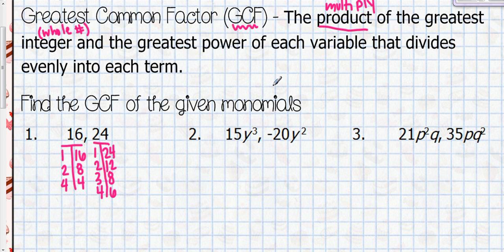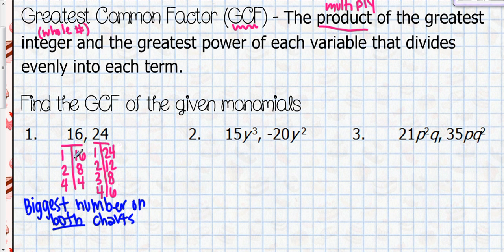Once I have my lovely t-chart listed out, I'm going to see the biggest number that goes into both. So again, you want the biggest number on both charts. If I look, it's not 16, not 24, not 12.